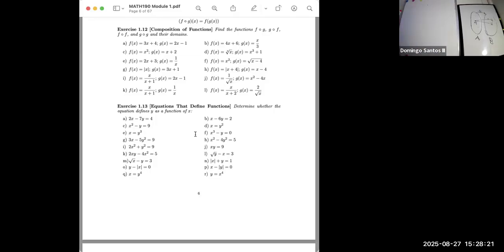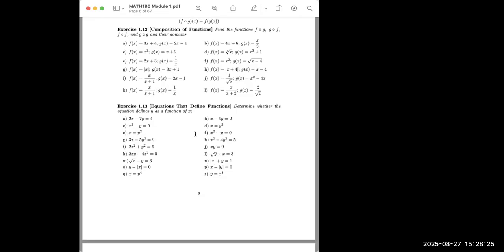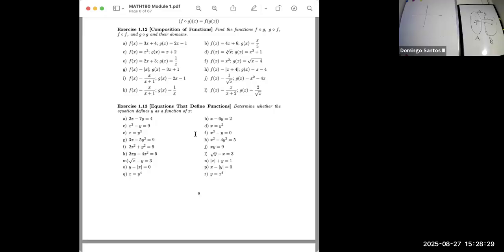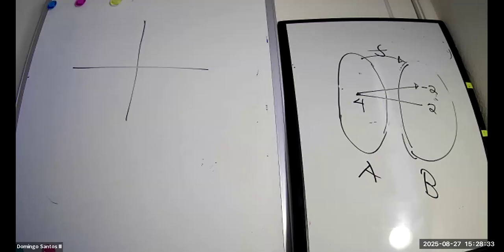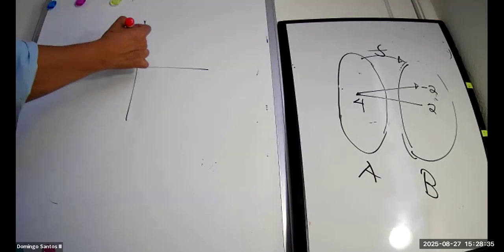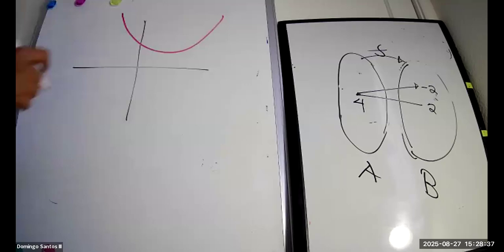If you would recall from your algebra or pre-calc, is it a parabola? Yeah, it is a parabola, right? So in general, for any parabola, it would look like that. Correct?